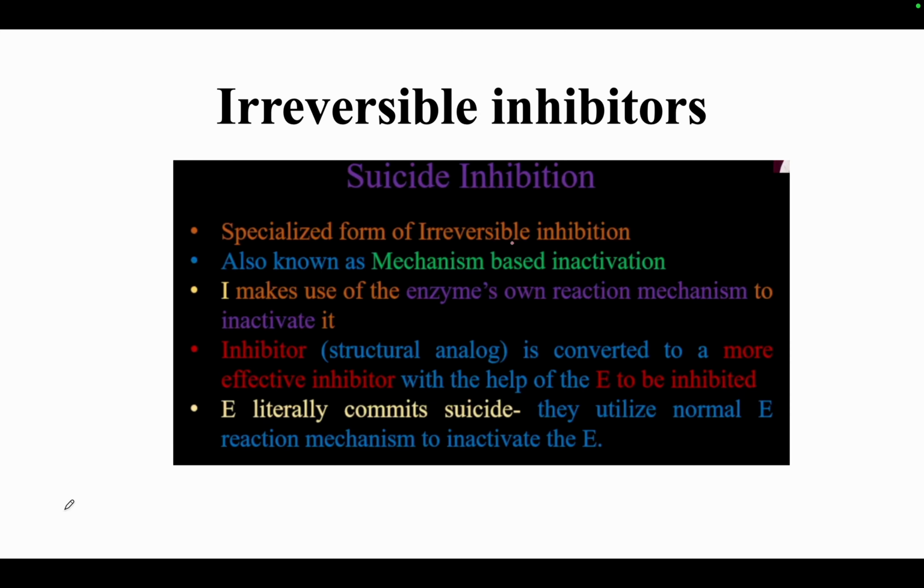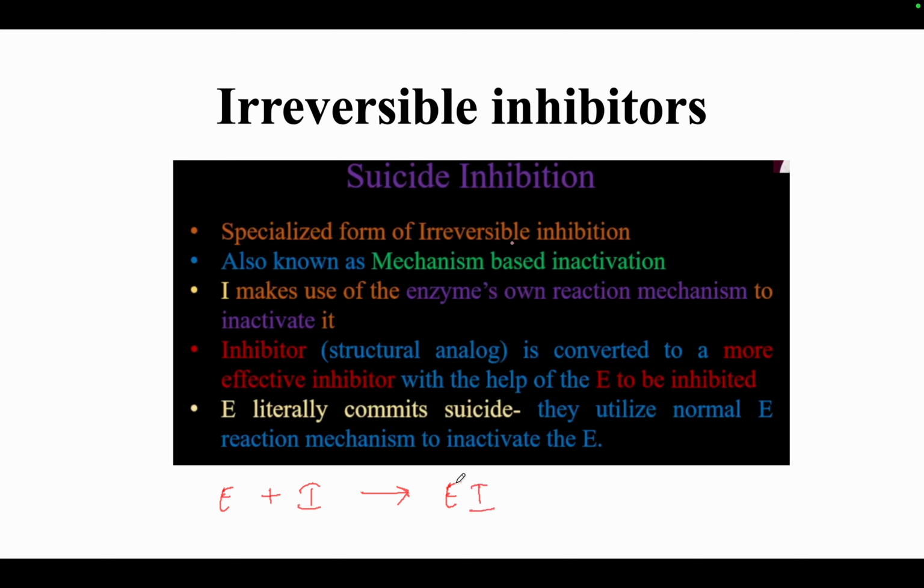So we have an enzyme, and then we have an inhibitor. This enzyme and inhibitor will interact. These are irreversible inhibitors, so we will not draw both forward and backward arrows, only a forward arrow. They will interact with each other and form a complex.